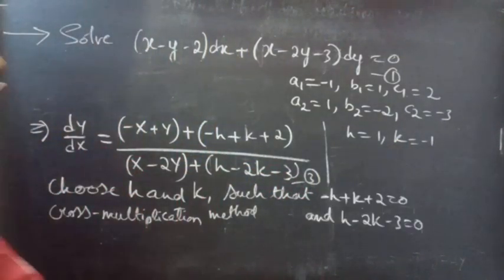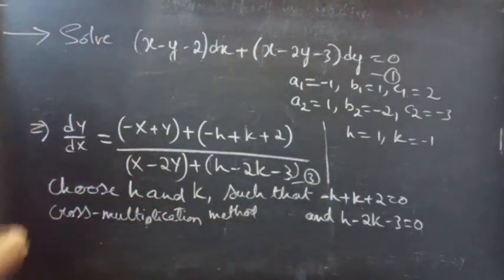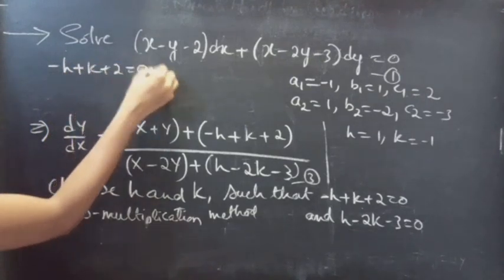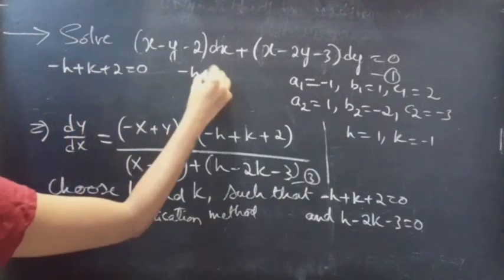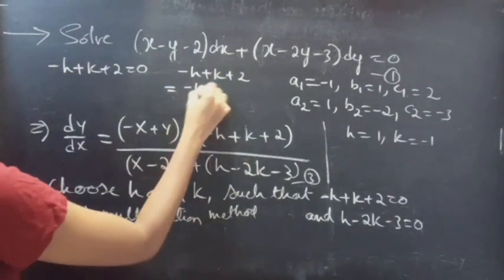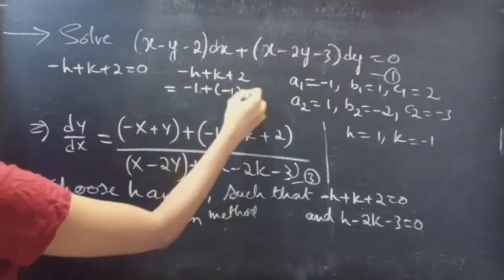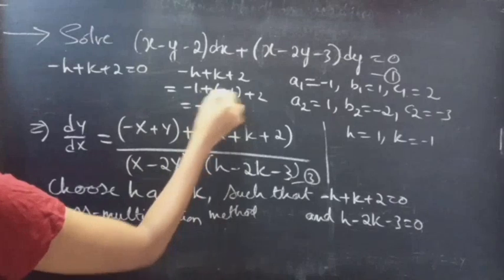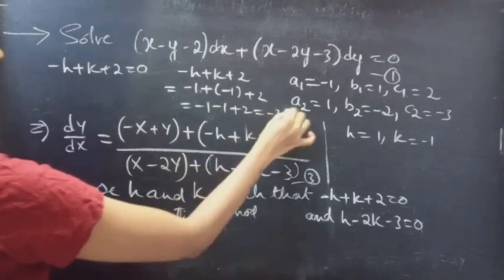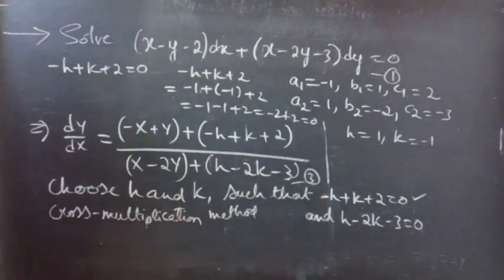Now we have to check whether h and k satisfy these two equations or not. This is the first equation. Consider the LHS part and put the values of h and k: minus 1 plus minus 1 plus 2 equals minus 1 minus 1 is minus 2, plus 2 equals 0. So h and k satisfy the first equation.